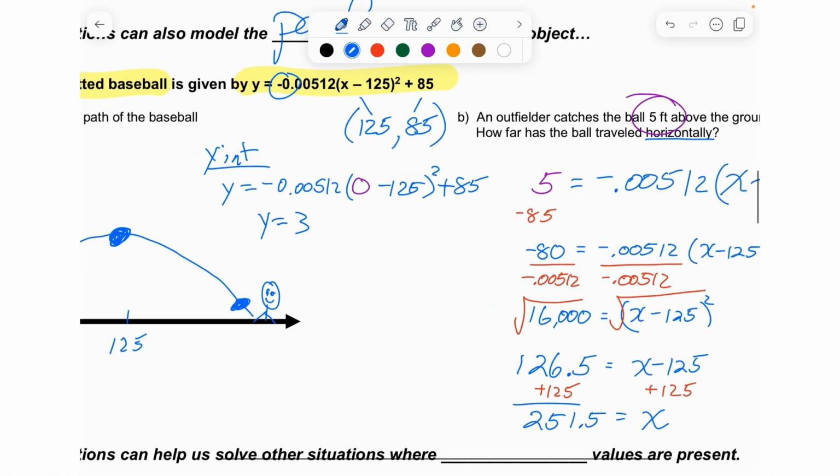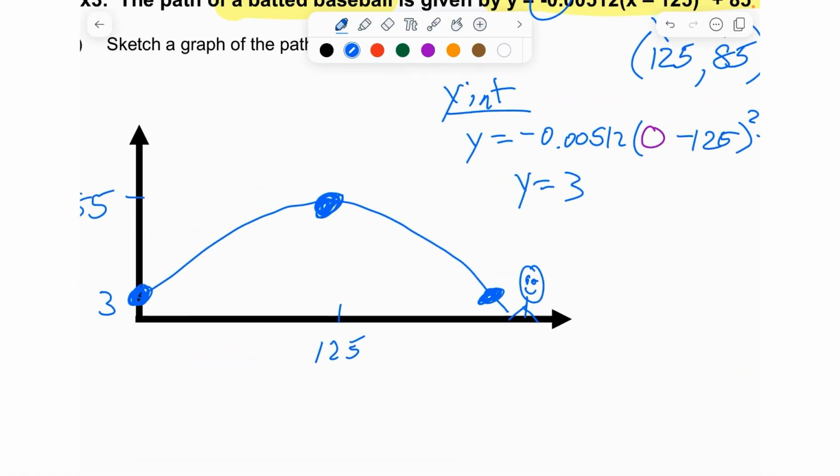So again, 251.5 is actually the x value, the horizontal distance that it took for this ball to reach that height of 5 feet when it was caught.